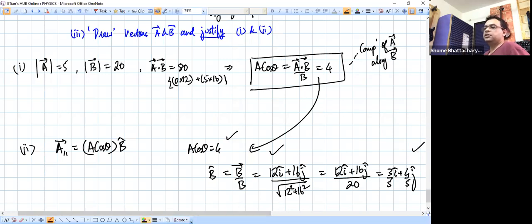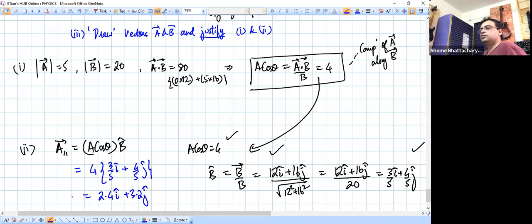So this is becoming how much now? This is becoming 4 into 3 by 5 i cap plus 4 by 5 j cap. So this is your parallel component.